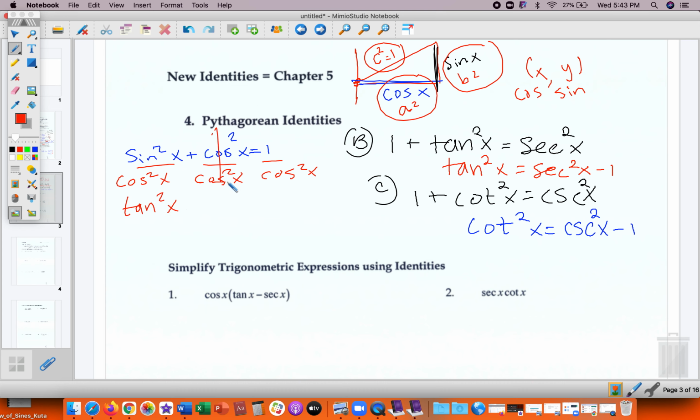Cos squared over cos squared is 1, same thing over itself. And 1 over cos is secant, so secant squared x. And then from there, based on what you need, you can manipulate and rearrange.